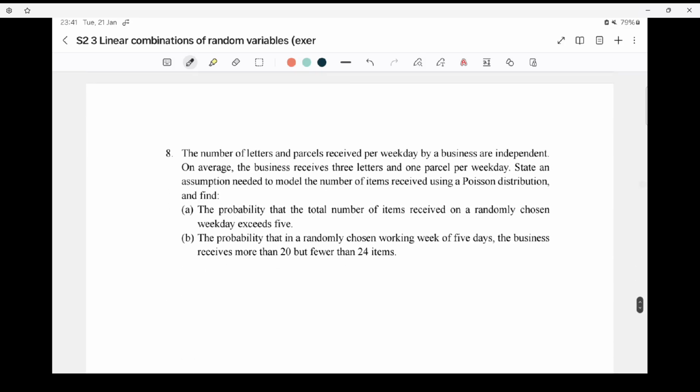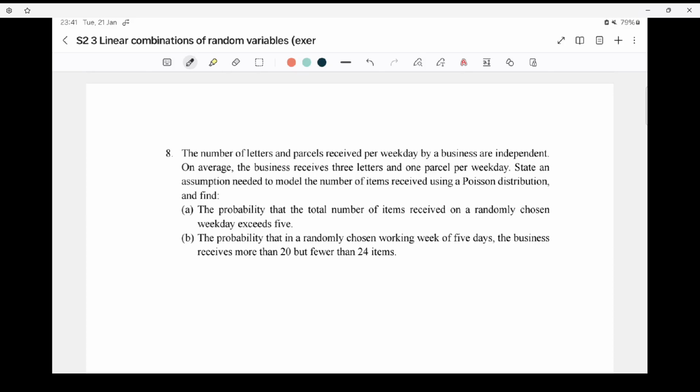Let's look at the last question for this video. Question 8. You have the number of letters and parcels received per weekday, and they are independent. On average, the business receives 3 letters and 1 parcel per weekday. State an assumption that is needed to model the number of items. For a Poisson distribution, the events have to be random and independent.